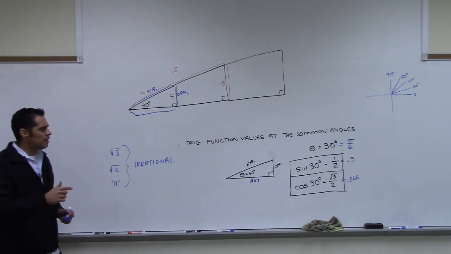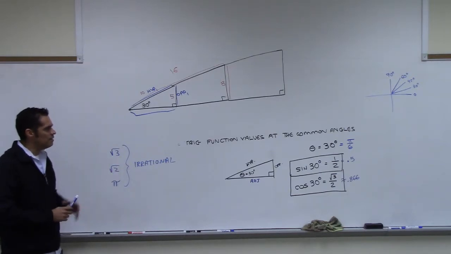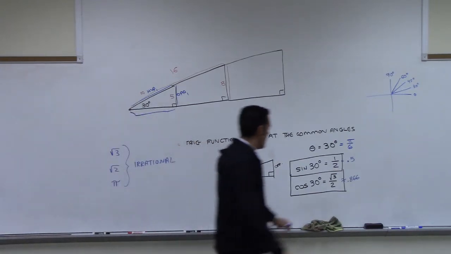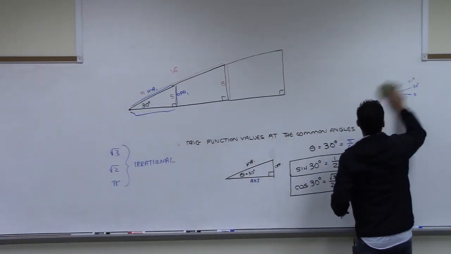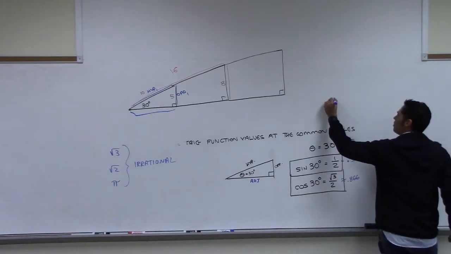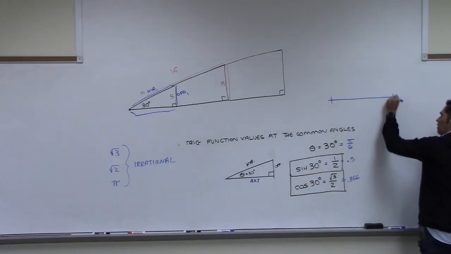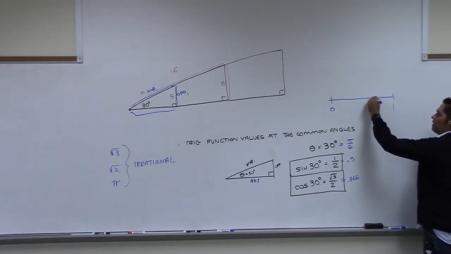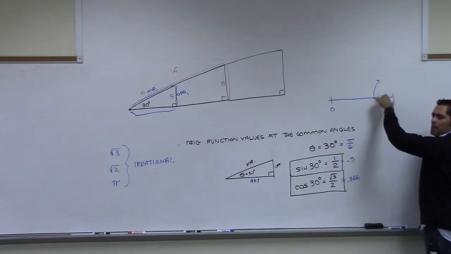We're going to go a little bit off on a side note here, but I think it's important as people of mathematics to know this. If you just take a number line, and let's just look at the numbers between 0 and 1, and pick a number out of here. There you go, just a random number.